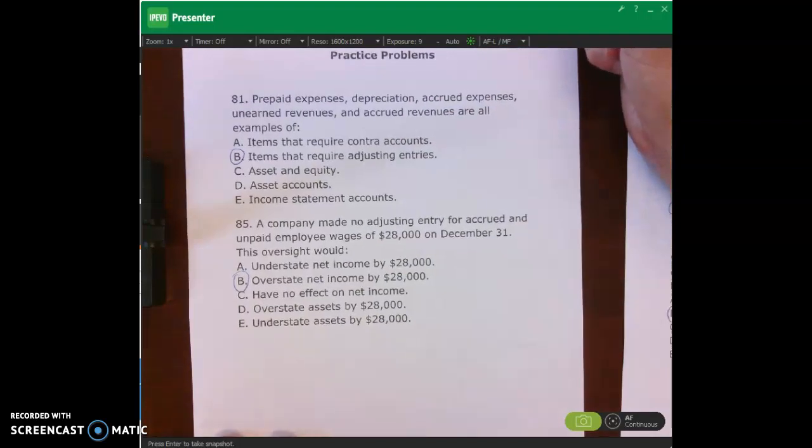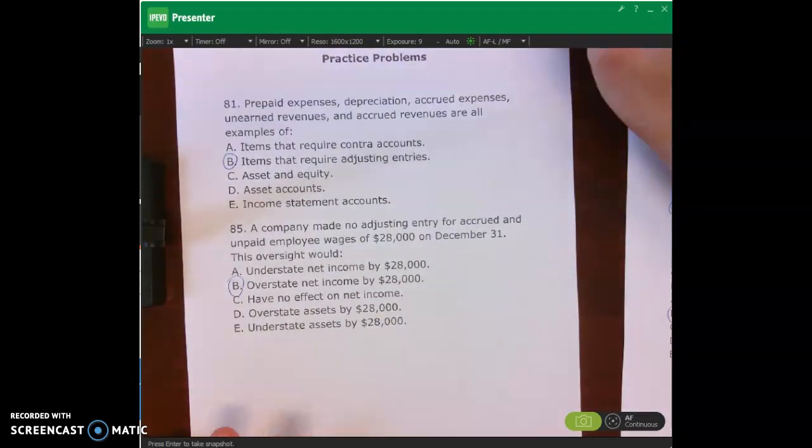Number 85, a company made no adjusting entry for accrued and unpaid employee wages of $28,000. So what they didn't do on 12/31. On 12/31, they should have debited salaries expense $28,000 and credited salaries payable $28,000.